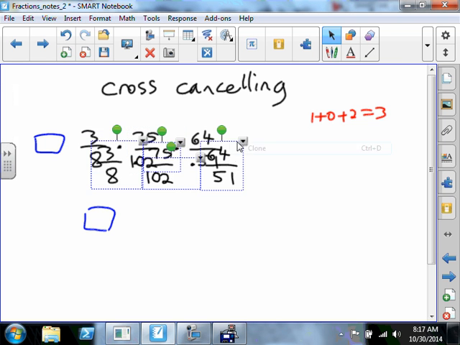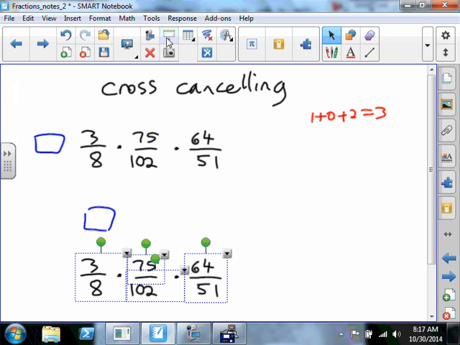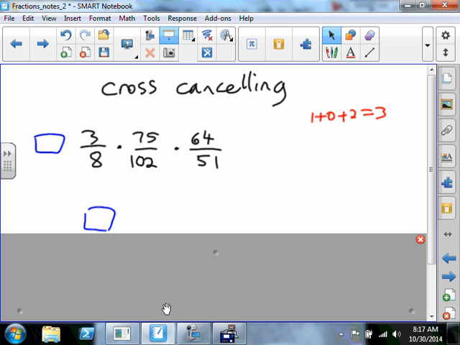In a minute, we're going to cross-cancel a couple different ways because you can. But anyways, this 3 will cross-cancel with this 102. So when we cross-cancel, that means we're going to divide the 3 by 3, which turns into a 1. It doesn't really matter where you write it, but you should write it somewhere so you can see it. I always write it in the upper left corner when it's in the numerator.